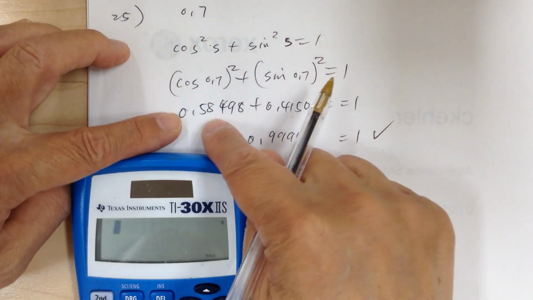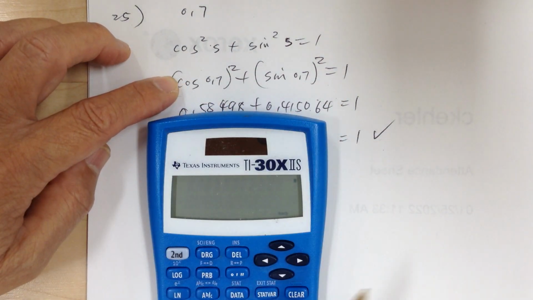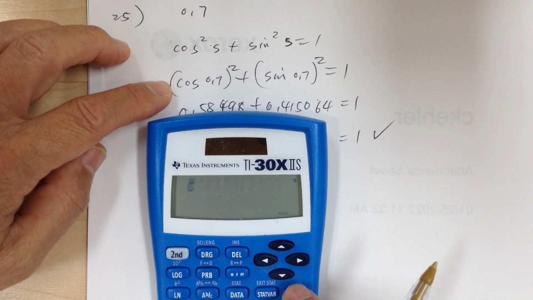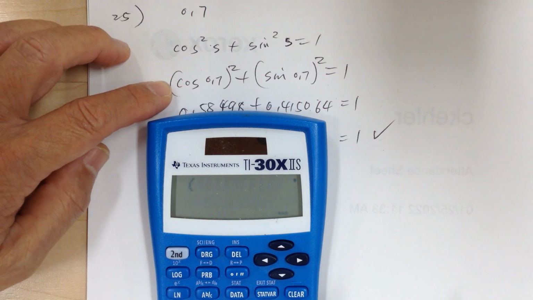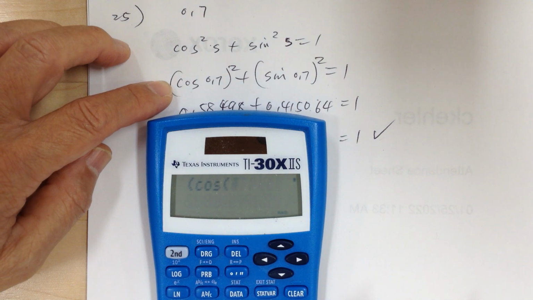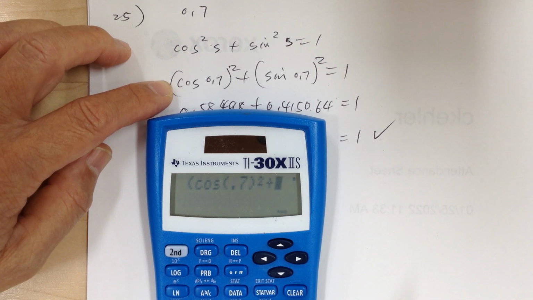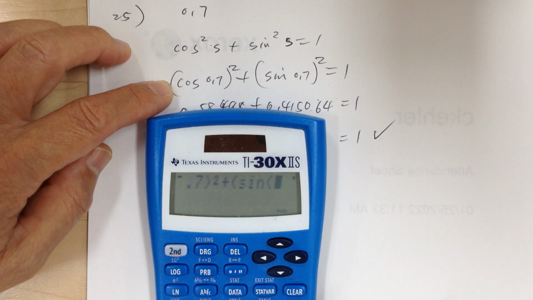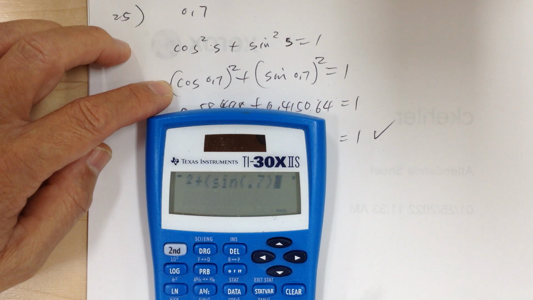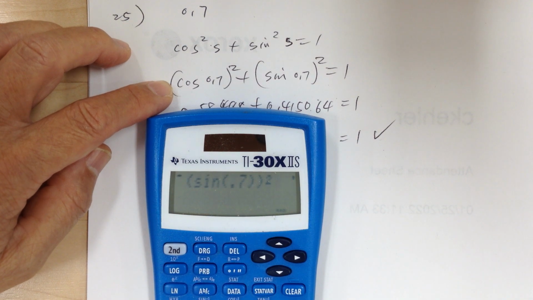If you, without rounding it down, just put down cosine, actually back up. You want to do parentheses cosine 0.7, square, plus parentheses sine 0.7 closing parentheses, square, and push equal.